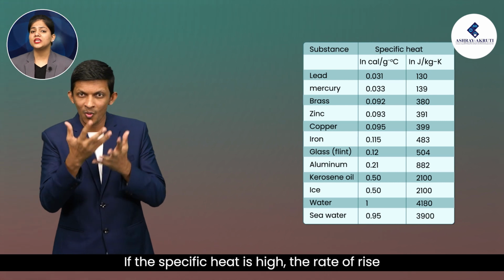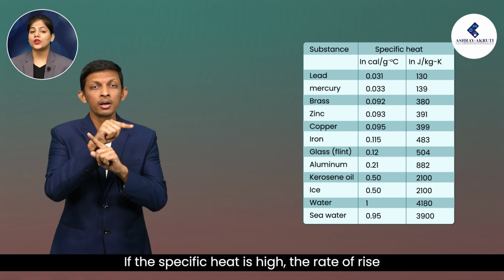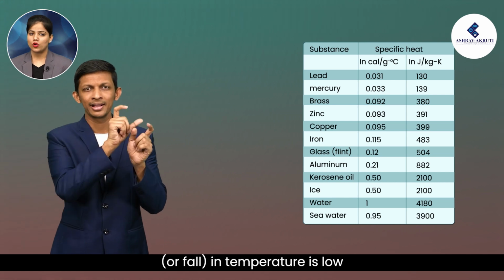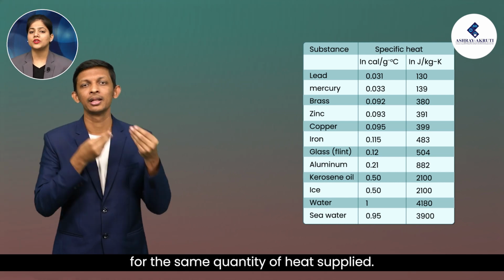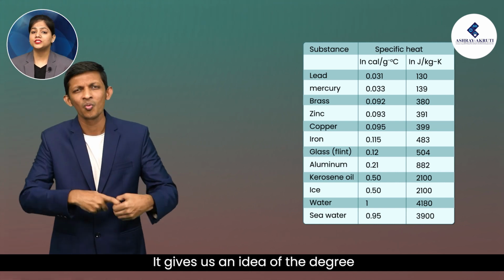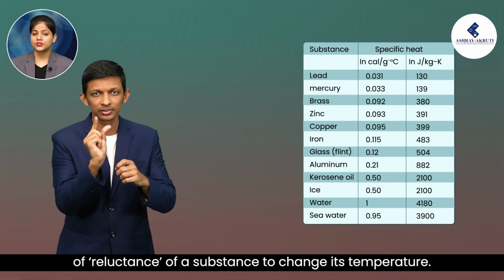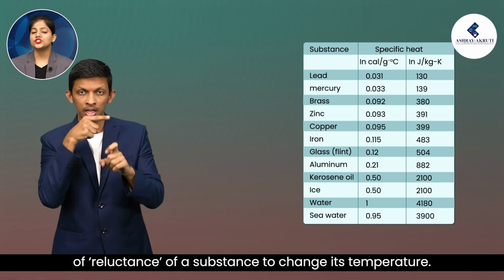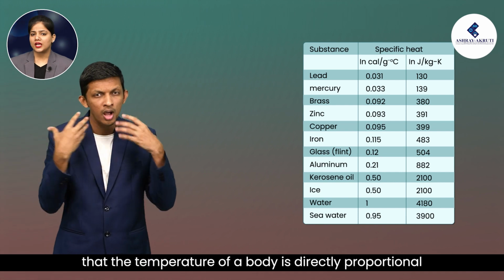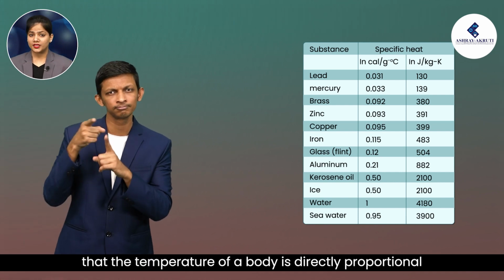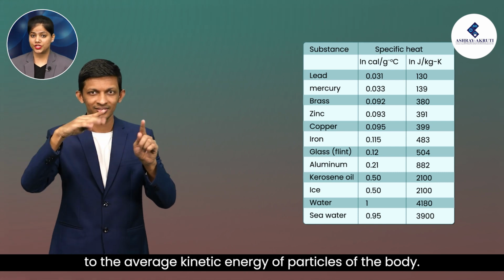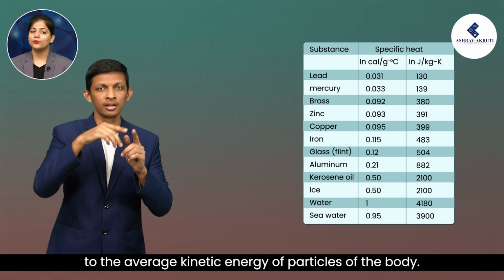If the specific heat is high, the rate of rise or fall in temperature is low for the same quantity of heat supplied. It gives us an idea of the degree of reluctance of a substance to change its temperature. We know that the temperature of a body is directly proportional to the average kinetic energy of particles of the body.